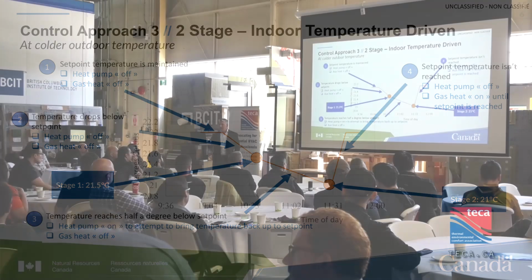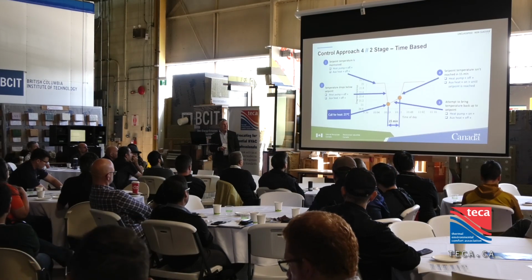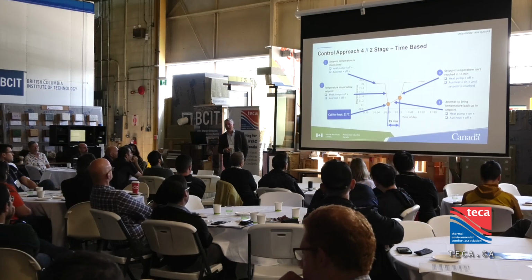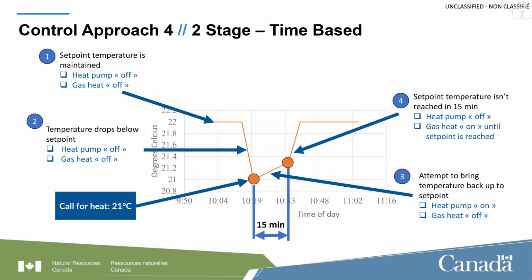Another variation of this control approach, number 4, is 2-stage but time-based. So the same kind of concept: let's wait and see what happens, and then we'll help it out with auxiliary heat if needed. We're at 22 degrees, the temperature drops to 21, for example, and it will call upon the heat pump to kick in.